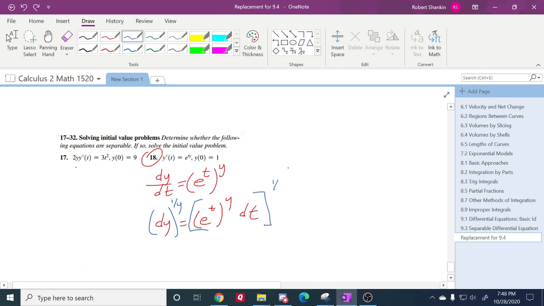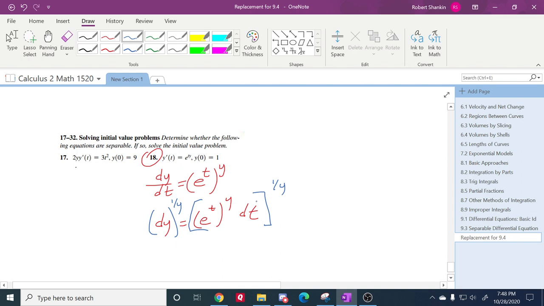Oops. It would insert a 1 over y on the dt as well. So this would be, and then your dy would be raised to the 1 over y power. And so that would not be integrable, and I can't even separate it.